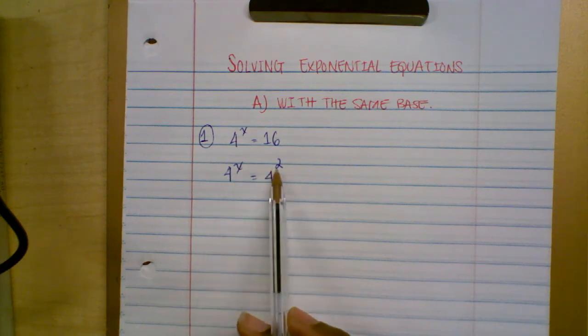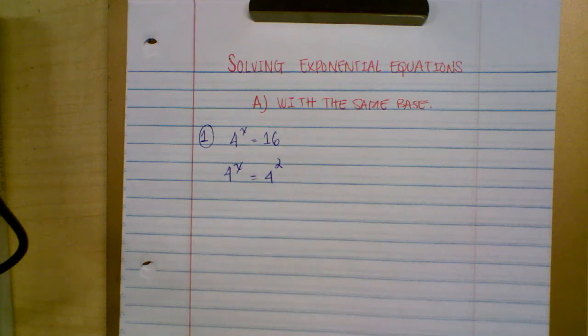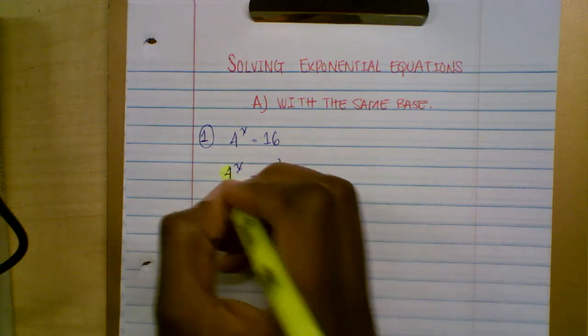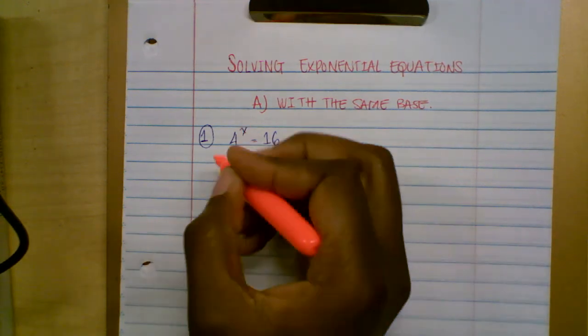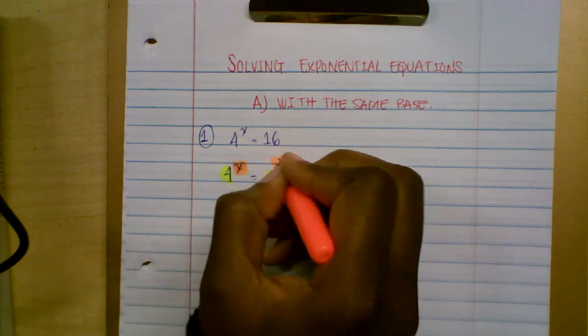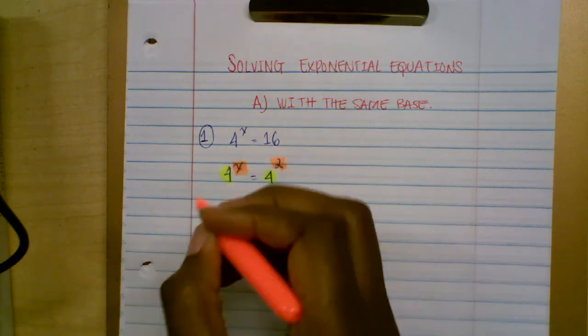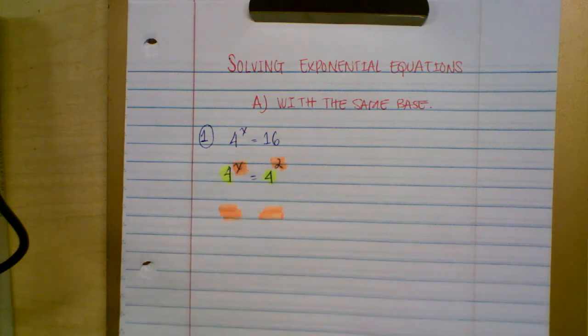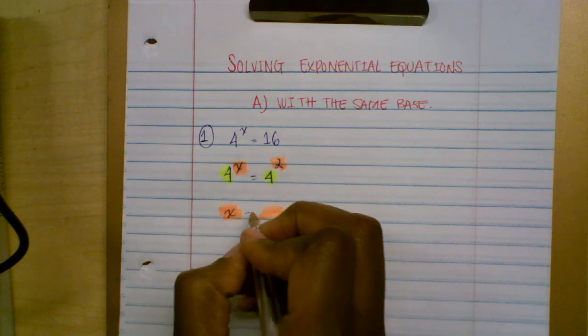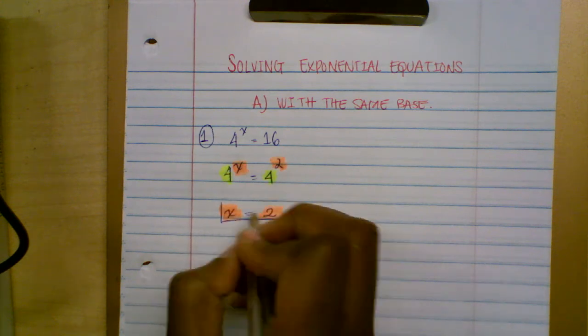So you take the exponents and set them equal, and you end up with x equal to 2. And that's your final answer.